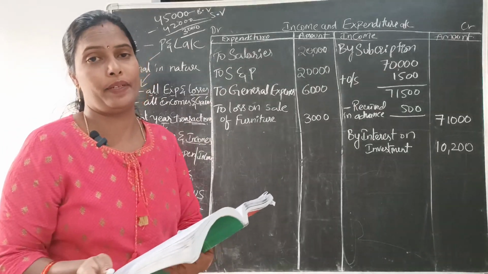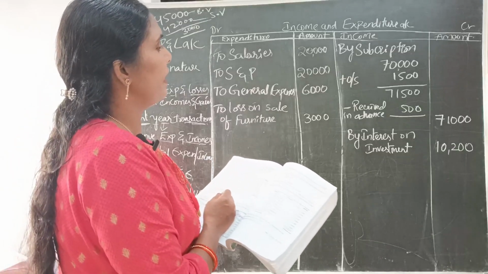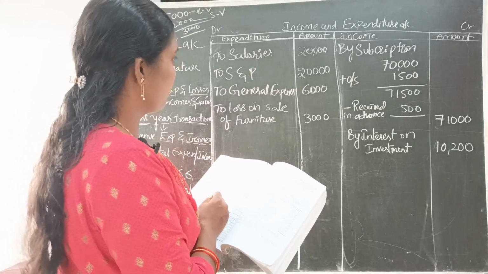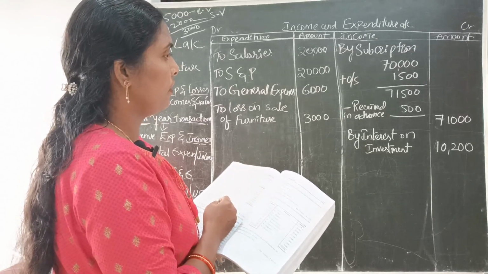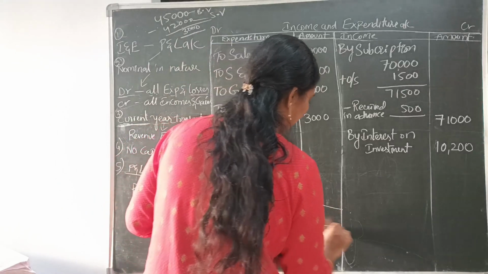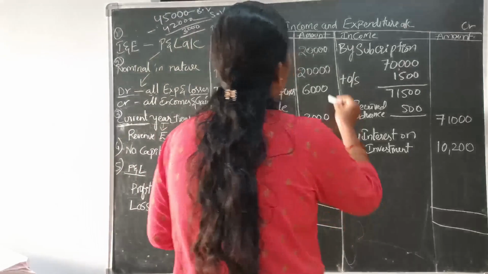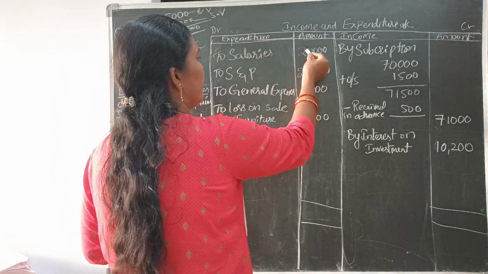We don't take capital incomes. Is there anything left? Let me check. No. Simply, I'll close this account. Which side has the highest amount for 2020?